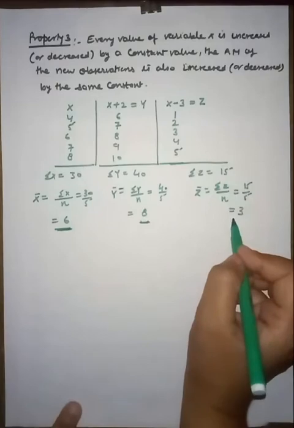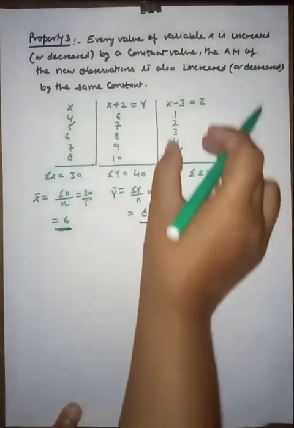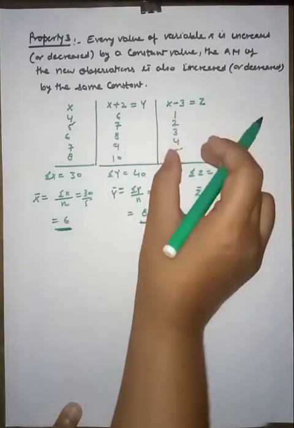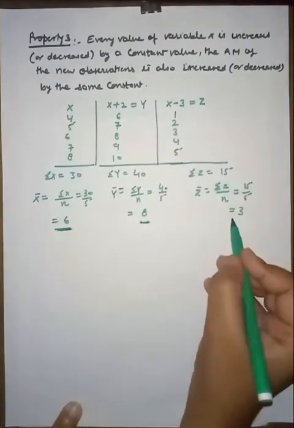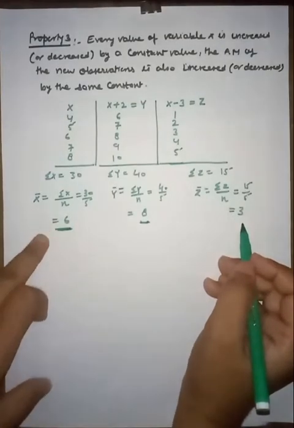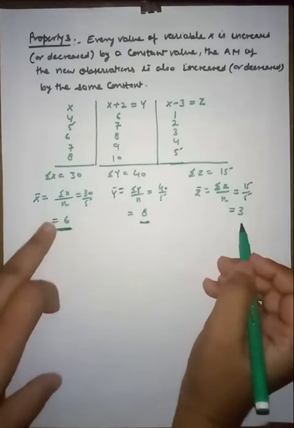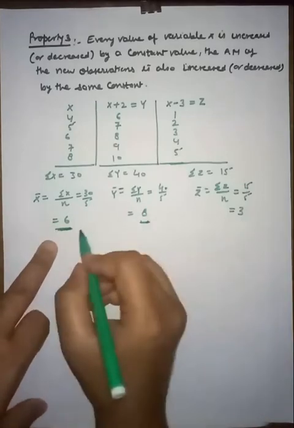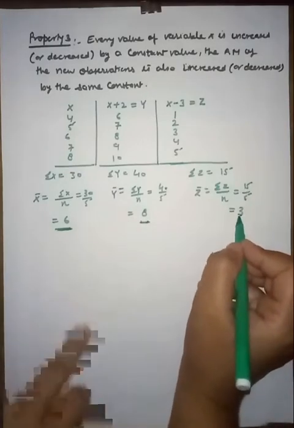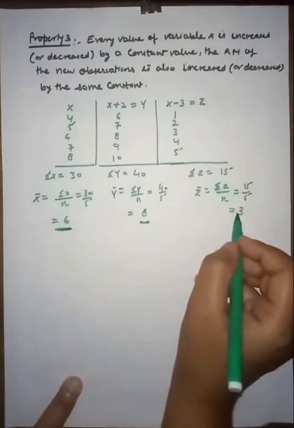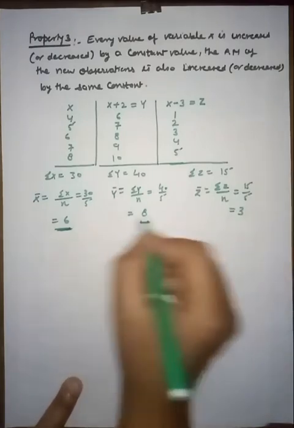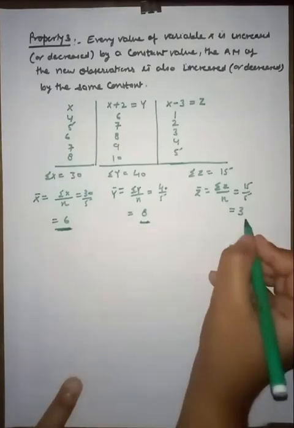Now in this one, I have made the new table which is decreased by 3. So the arithmetic mean comes to 3, and the given arithmetic mean you found is 6. Compare both: this arithmetic mean is decreased by 3 from the previous one, right?